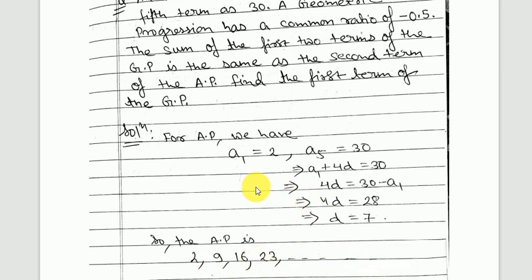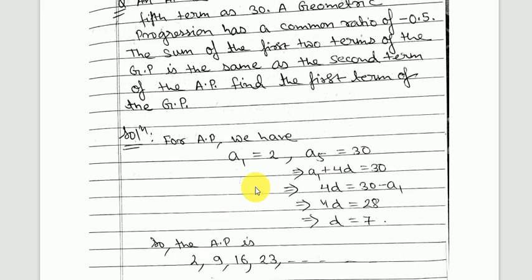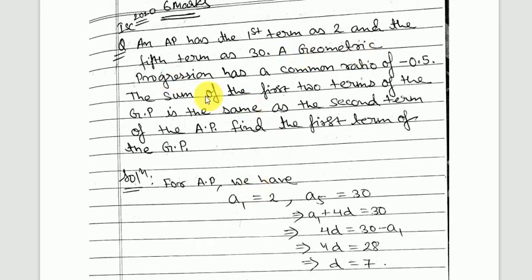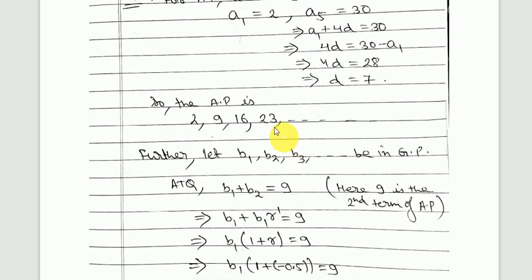Now next, what it's saying is a geometric progression has a common ratio of minus half. And next, the sum of the first two terms of the GP is the same as the second term of the AP. So when you take the sum of the first two terms of the GP, that would be equal to the second term of this AP, that means 9.